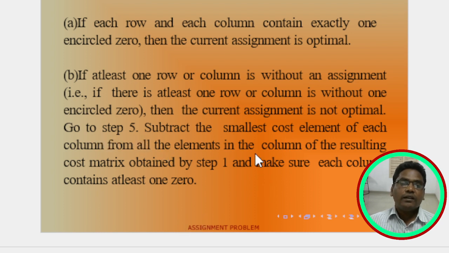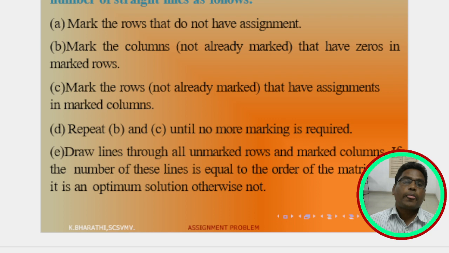Here, subtract the smallest cost element of each column from all the elements in that column of the resulting cost matrix obtained by step 1, and make sure each column contains at least one zero. Now, we have to draw the minimum number of horizontal and vertical lines.